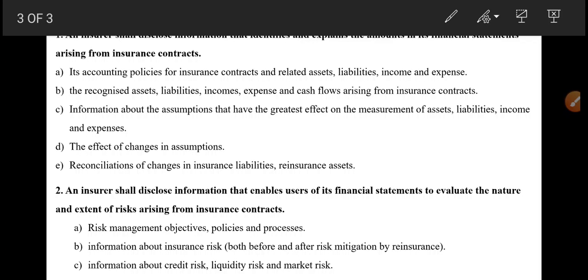Here, credit risk relates to credit aspects, and liquidity risk which will arise in insurance companies has to be disclosed. And market risk, in the sense that whenever they are promoting their policies or insurance products, there are some risk factors and chances of risk arising. So that has to be disclosed to the interested parties.